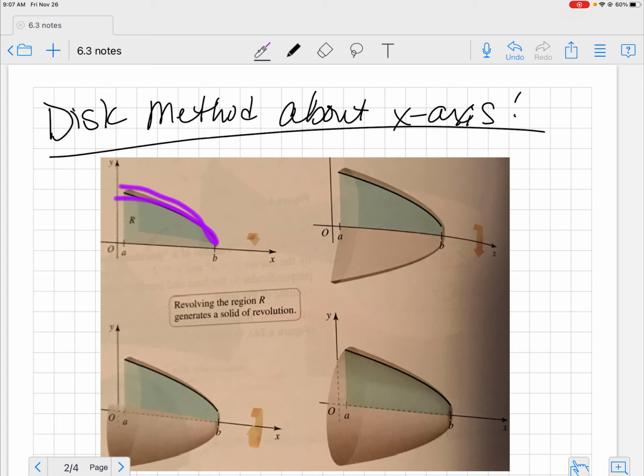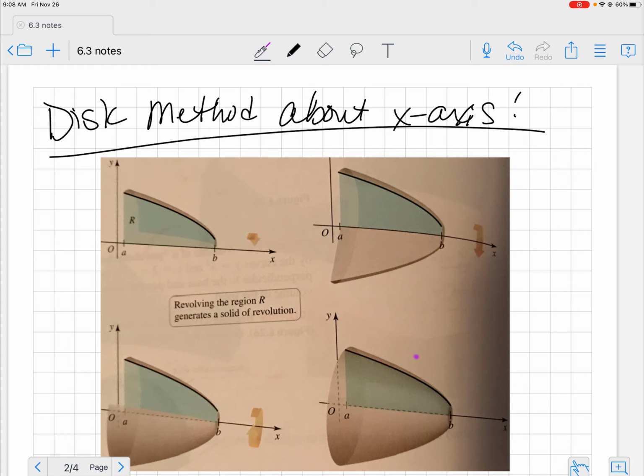So, I have this function that I'm looking at, and I'm going to take that function and spin it around this axis. As I'm taking that function and spinning it around the whole axis, it becomes a solid.